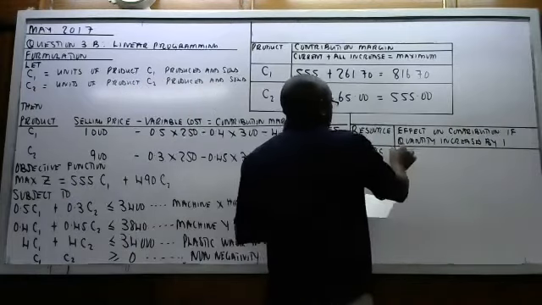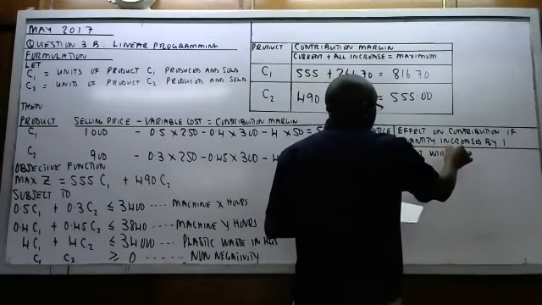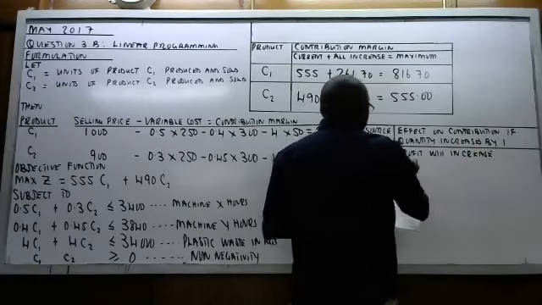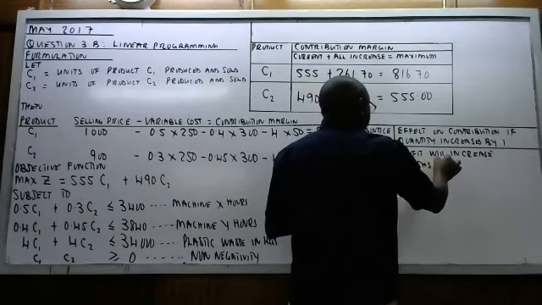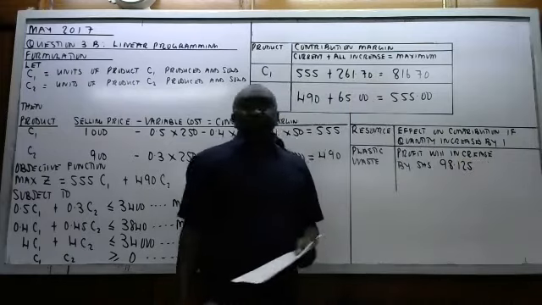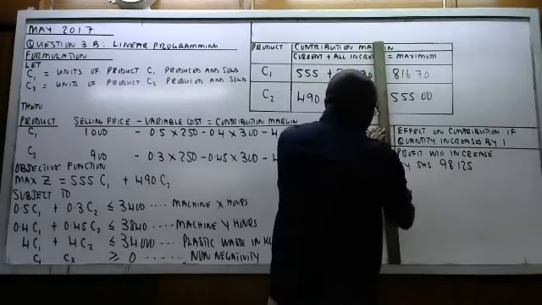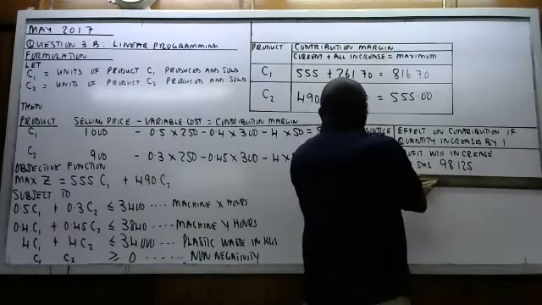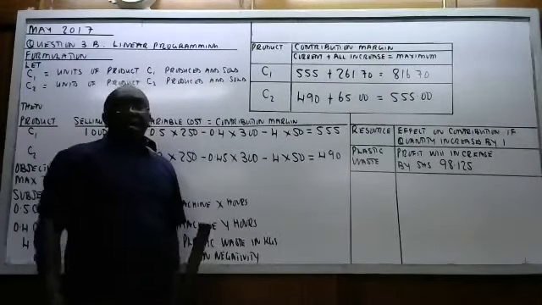You say profits will increase by shillings 98.125. That will be the effect. The shadow price. Profit will increase by 98.